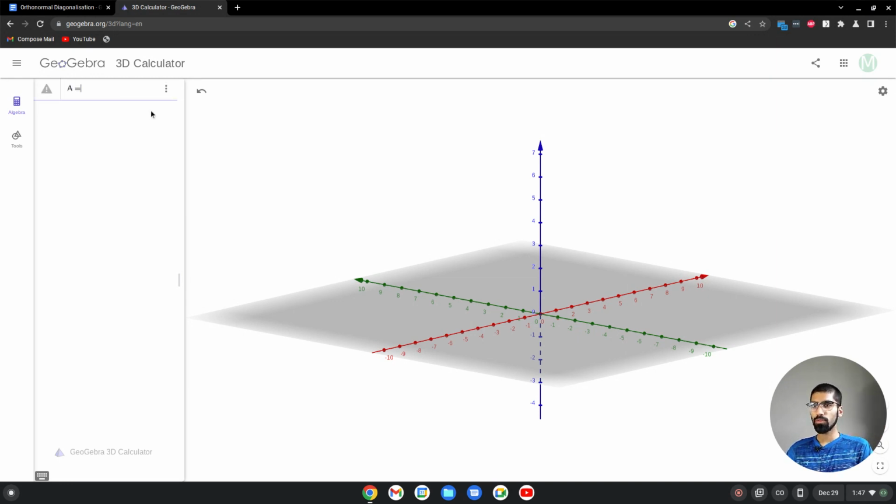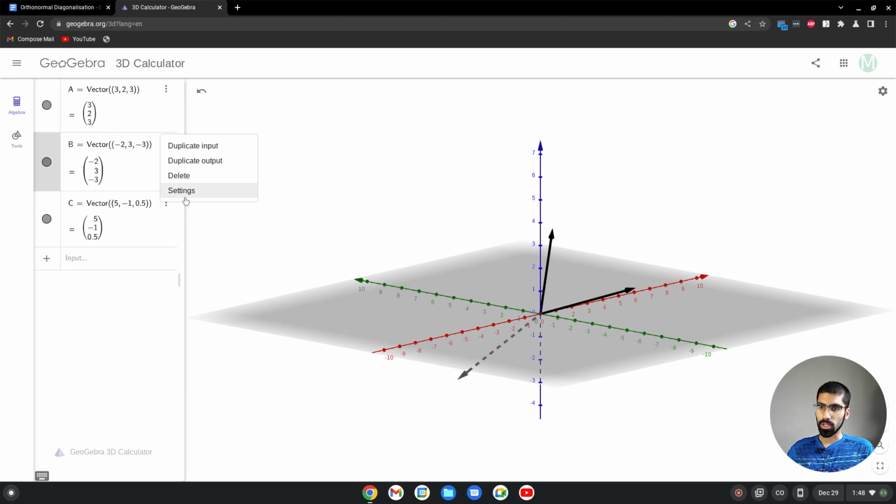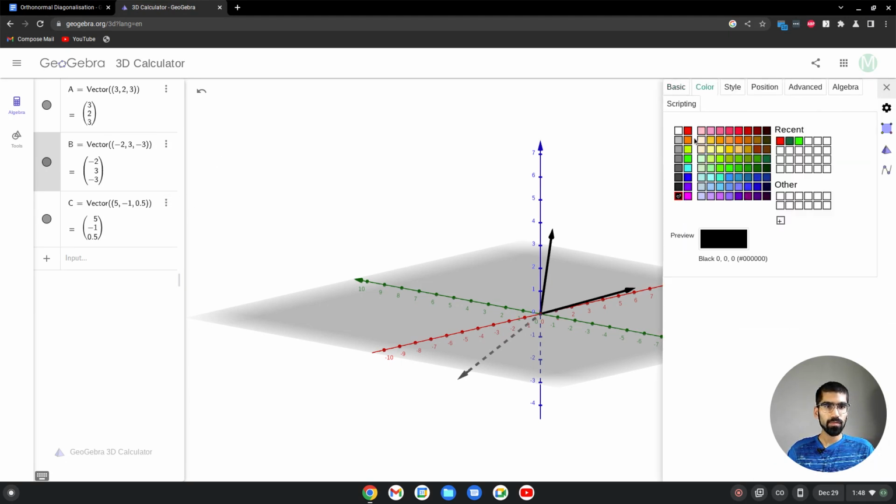So let's say I have 3 vectors, A, B, I'm just coming up with these off the fly, no particular intention, and C, here we are. I'm going to make these different colors so that we can differentiate between them.